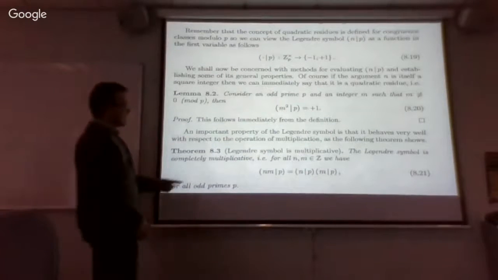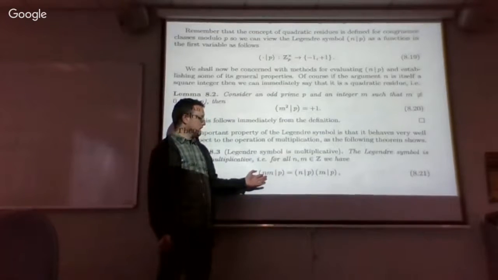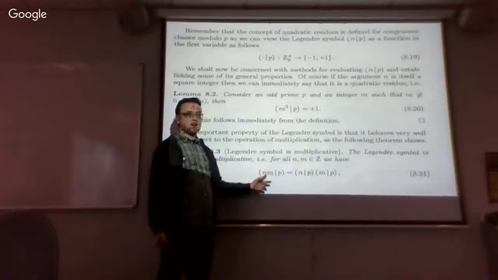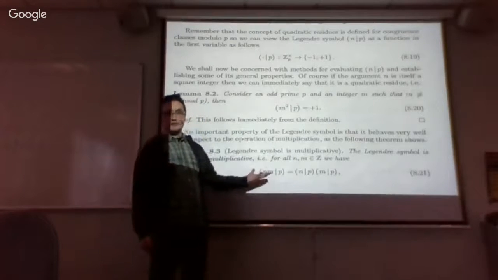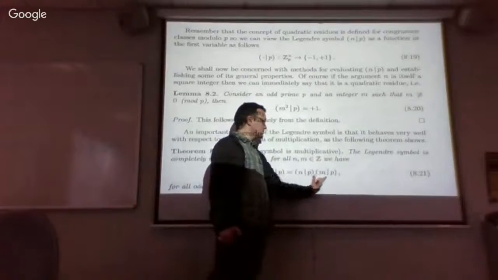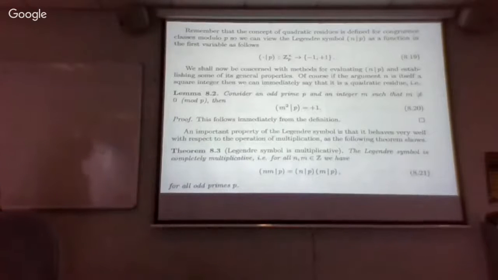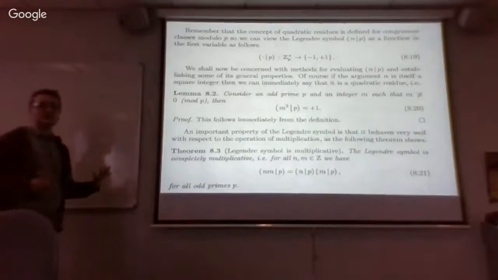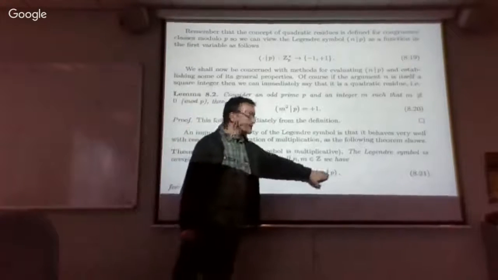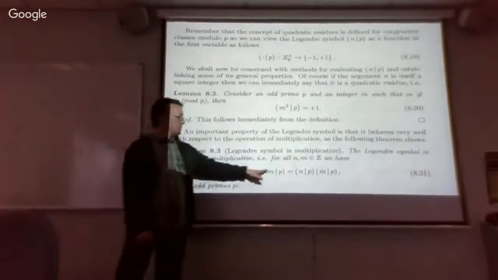The options for the left-hand side are either plus or minus 1. That's what the Legendre symbol is defined as. And so the options for these two factors here are plus 1 or minus 1. So if n and m are both residues, both these numbers will be plus 1. We proved that if n and m are residues, then so is the product.